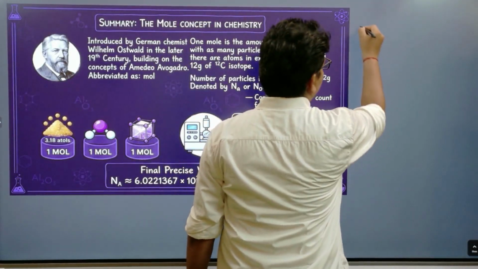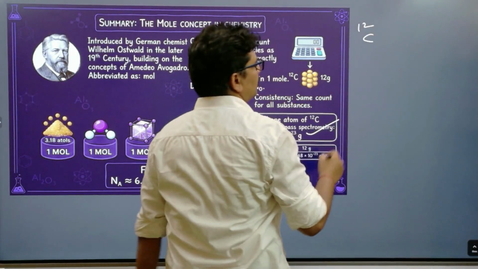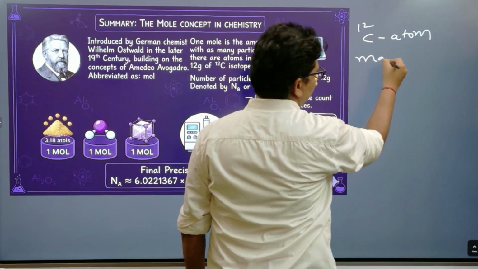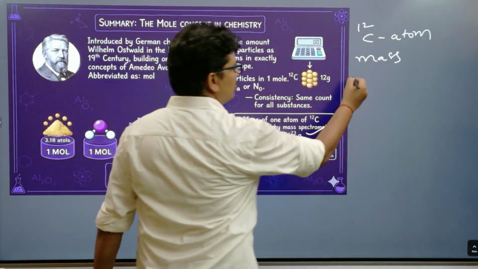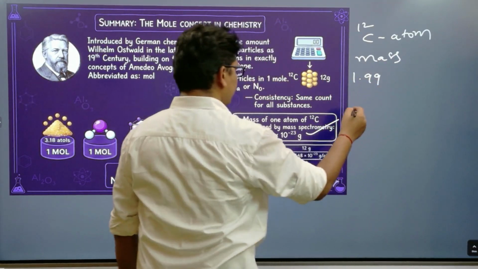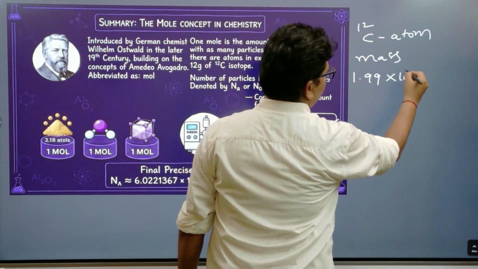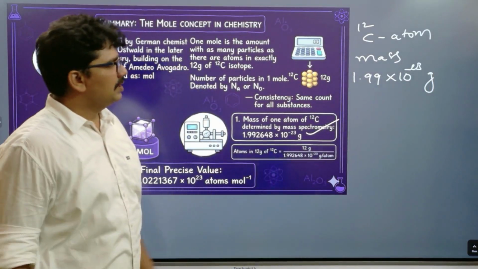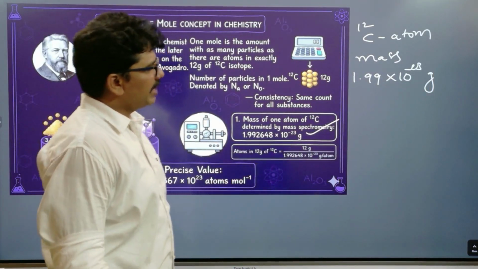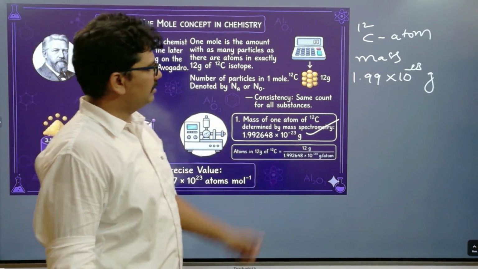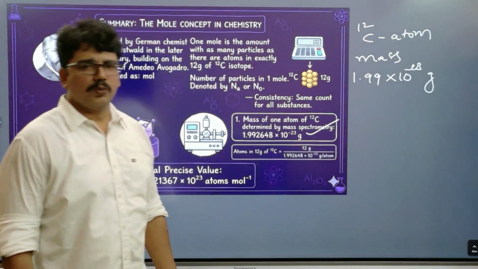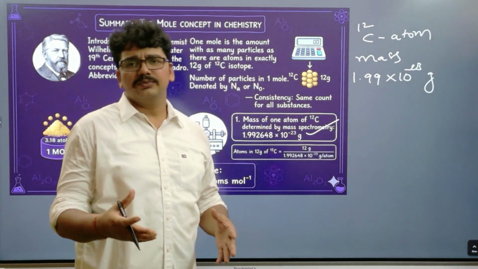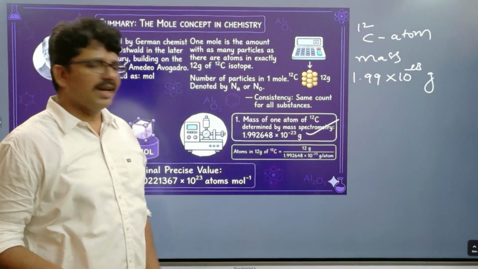Here, carbon 12 atom mass is 1.99 into 10 power minus 23 grams. One carbon atom mass is 1.99 into 10 power minus 23 grams. That is calculated by mass spectrometer. So, by using mass spectrometer, any atom or any molecule masses can be calculated.